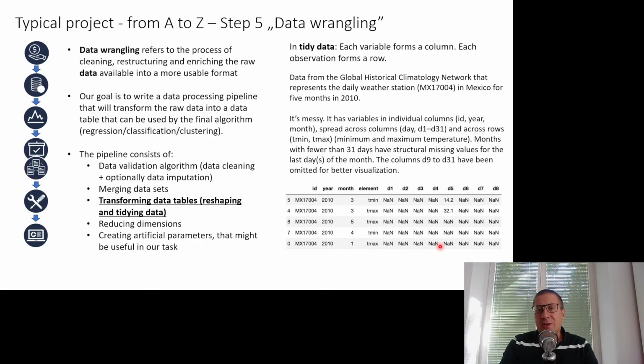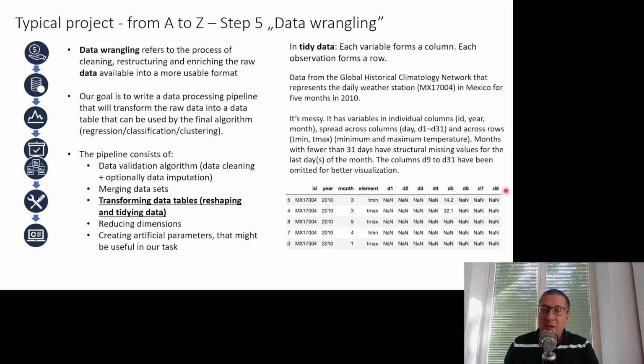And let's take a look at tidying the data. Here we can see the data from one weather station in Mexico for 5 months in 2010. We can see it's messy. Here we have the ID of this weather station, the year, the month, the parameter that is measured, so minimal and maximum temperature, and the days from 1 to the end of the month.